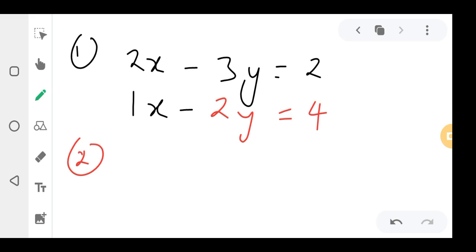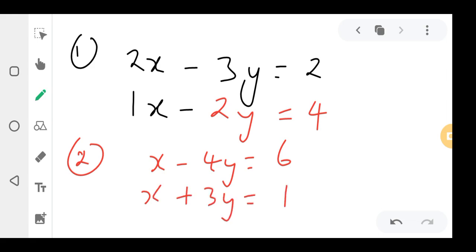Question 2, x minus 4y is equal to 6, x plus 3y is equal to 1. Okay, that is question 2.